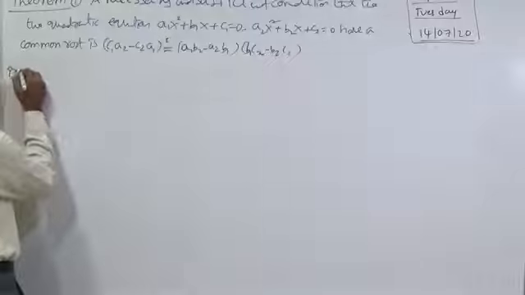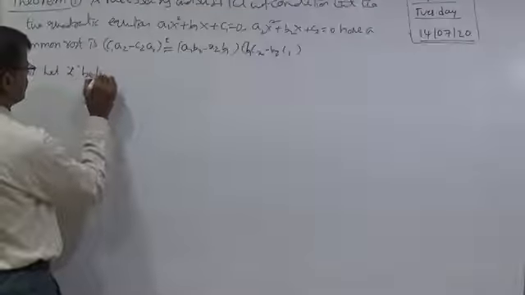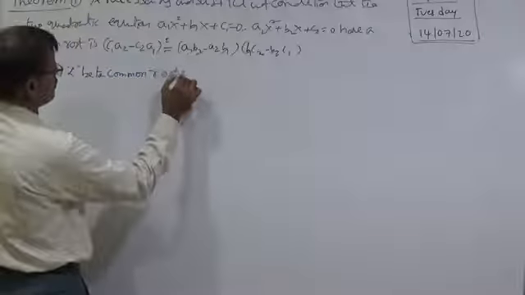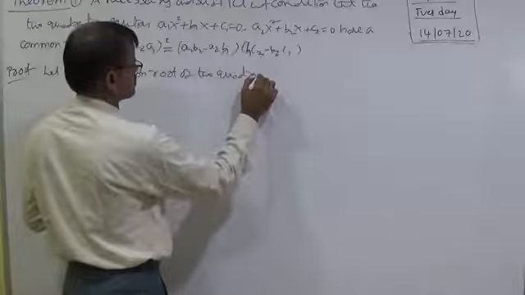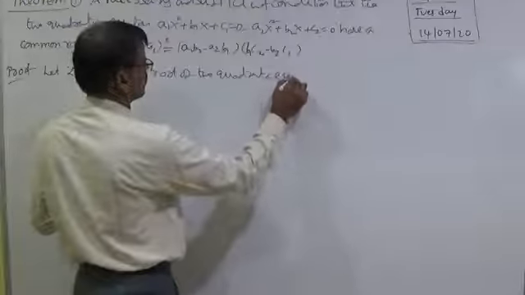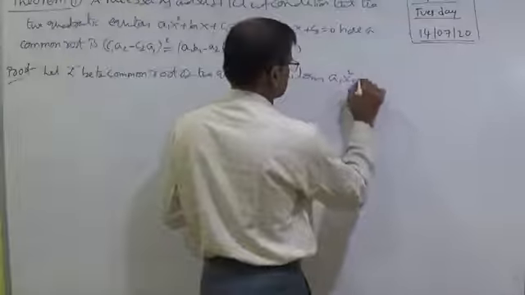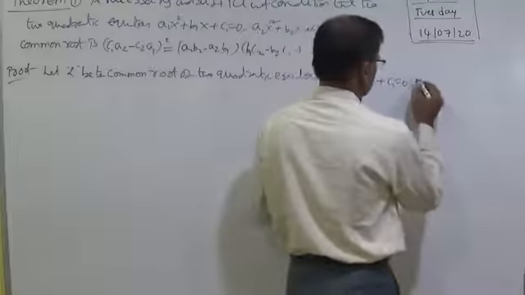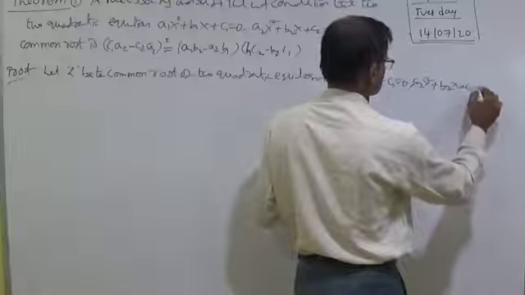Proof. Let alpha be the common root of the two quadratic equations a1x square plus b1x plus c1 equal to 0, comma, a2x square plus b2x plus c2 equal to 0.